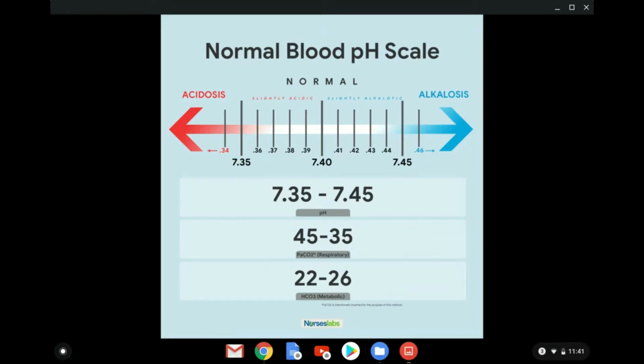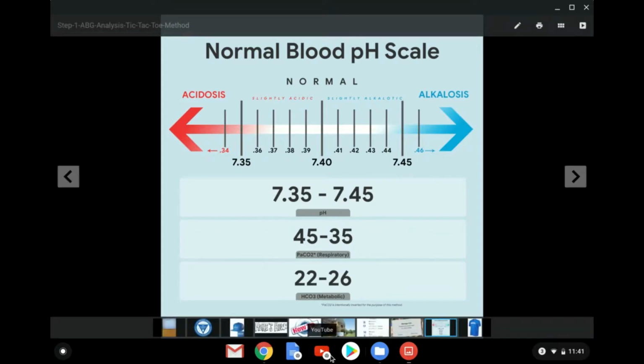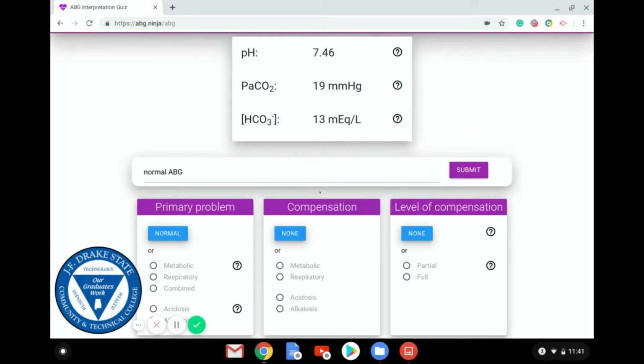Realize again, when we're talking about conditions of acidosis or alkalosis, we're really just looking at the pH. The causes are either going to be metabolic or respiratory, but the pH gives us an idea of whether we're dealing with alkalosis or acidosis. If we look at our pH here, we see that it is 7.46.